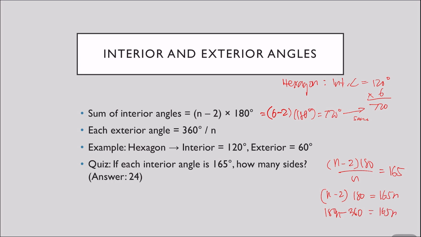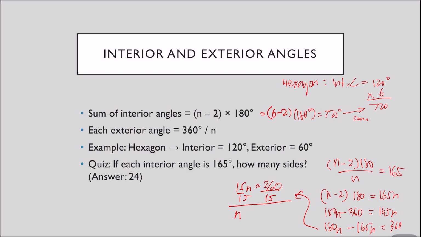Subtract 165n on both sides. Let's transpose 165n and 360. So 180n minus 165n is equal to 360. Then you'll be left with 180 minus 165 is 15, so 15n is equal to 360. Okay, divide both sides by 15.